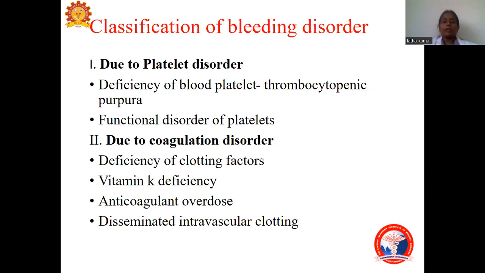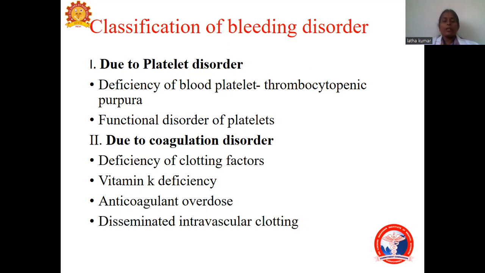Classification of the bleeding disorders. Bleeding disorders are classified under 3 headings: due to platelet disorder, due to coagulation disorder, and due to vascular disorder. The platelet disorder may be due to deficiency of platelets, which is called thrombocytopenic purpura, and functional disorders of platelets.